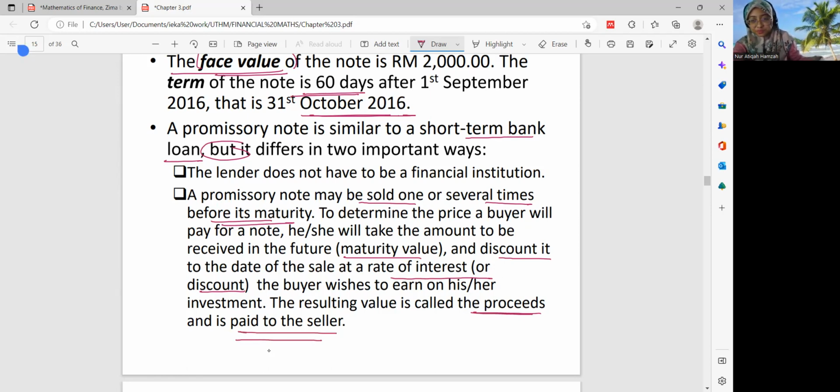Maksudnya kat sini, tadi yang berurusan adalah A dan B. B keluarkan note dan bagi kepada A. So sekarang A dah pegang note tu. Sebelum sampainya tarikh 31 Oktober tu, A boleh jual kepada C. Dan A juga boleh mengenakan interest ataupun diskaun kepada pembeli yang baru.